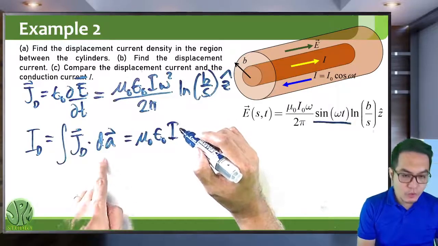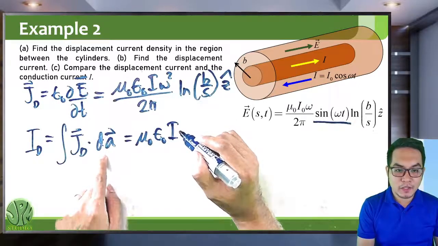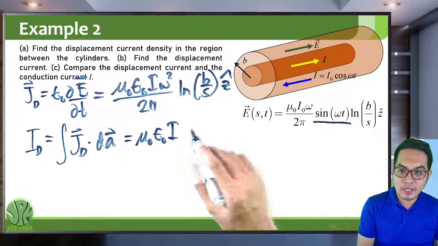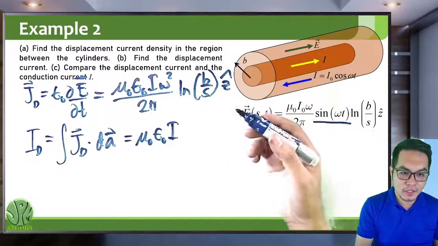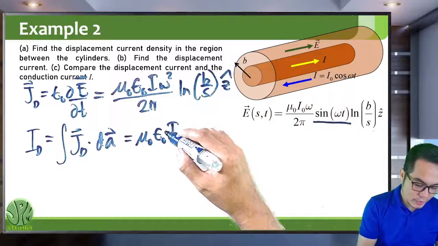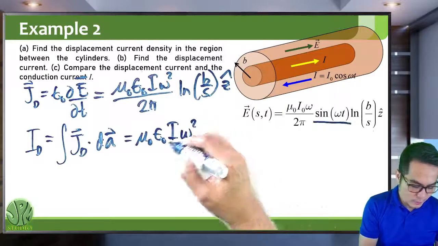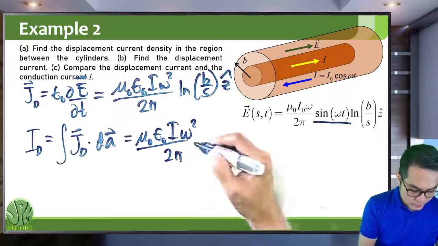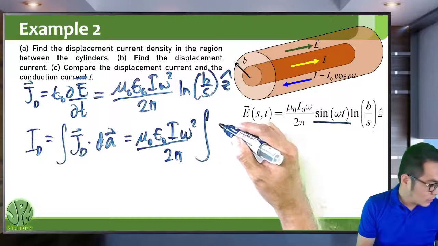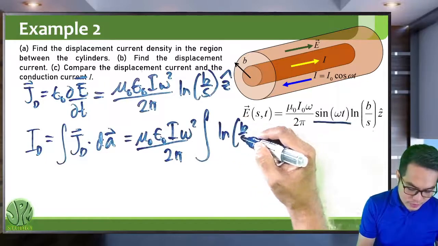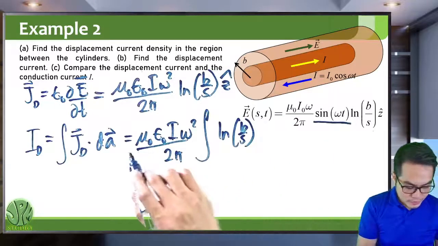Since we are only integrating with respect to the area, and I contains time, we're not integrating over t, so we take it out of the integral: I omega squared over 2 pi, and you are left with ln of B over S, and then dA.